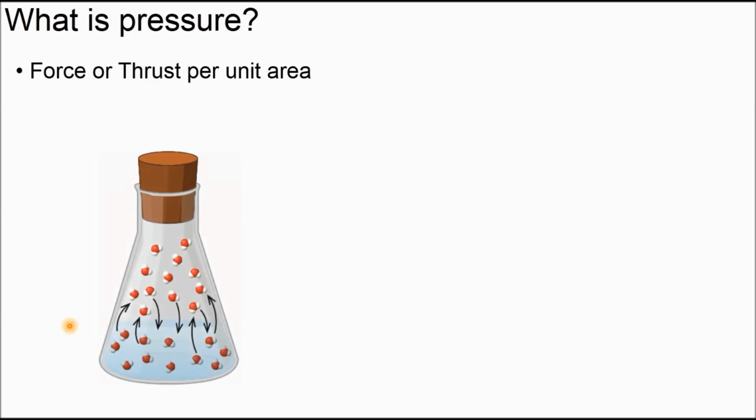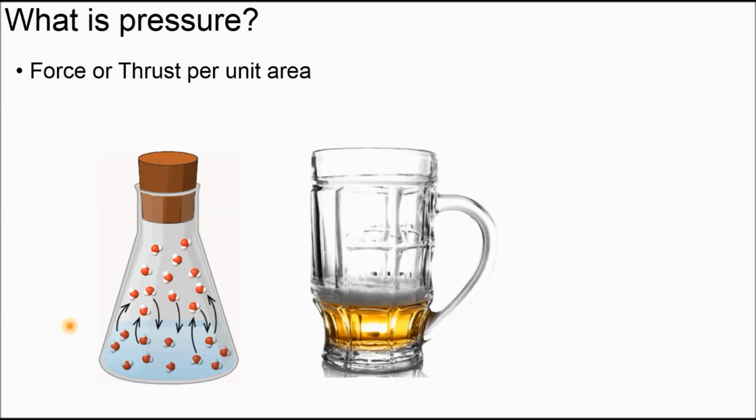If you take a glass jar, whether you close it with something or leave it open, there is molecular movement inside the glass jar. This molecular movement creates a force, or thrust, per unit area, which automatically creates the pressure inside the vessel. Suppose we take the example of beer in a bottle.